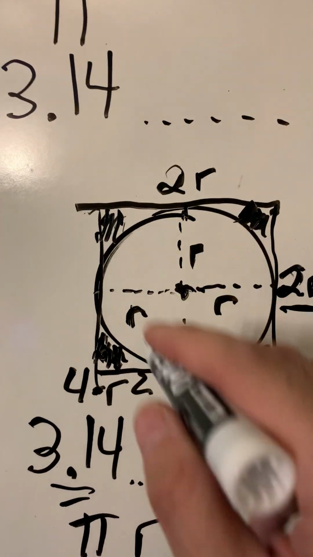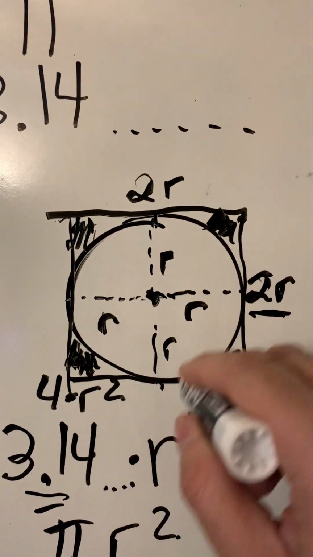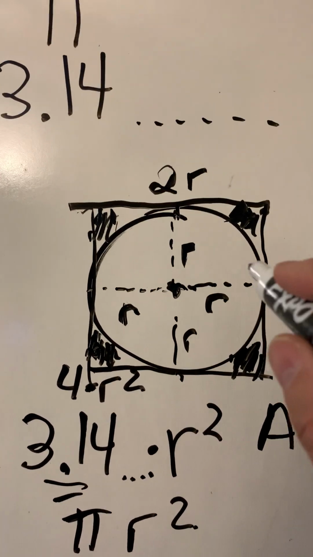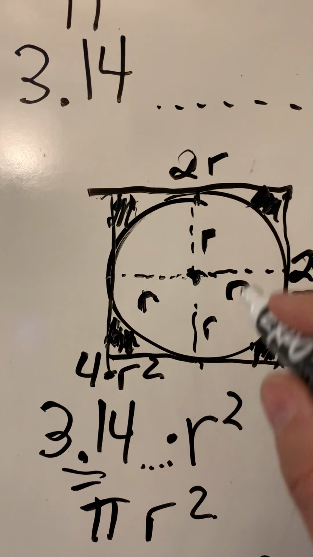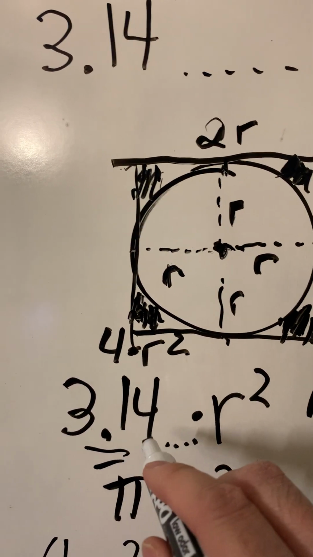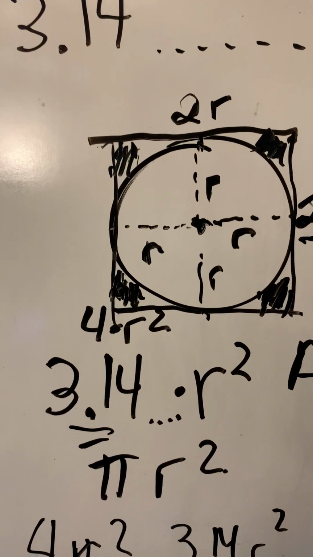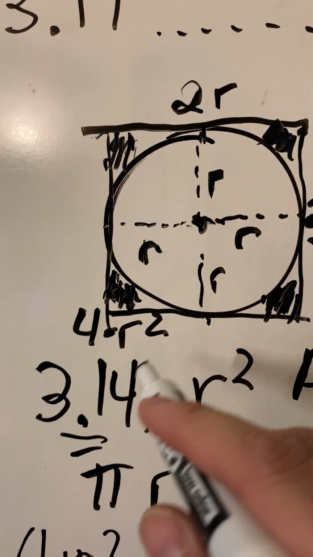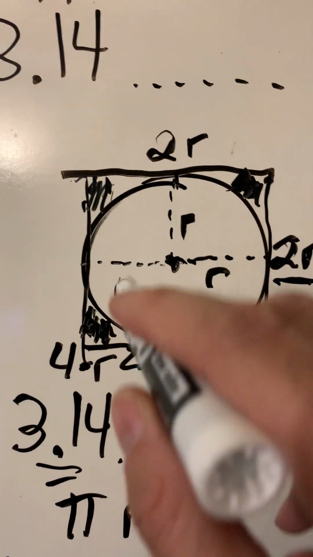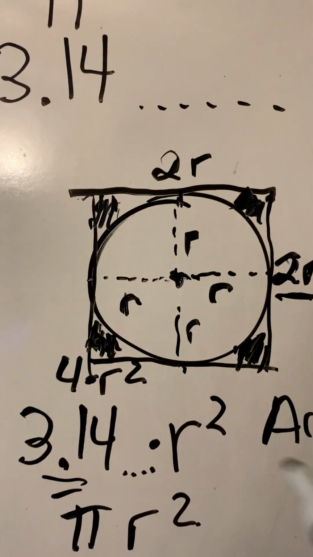And the shape of this is like a pie, like an apple pie, so it's not 4r squared, but pi r squared. Pi is 3.14. If you thought pi was 5, it really wouldn't make any sense, because then the area of the circle would be greater than the area of the square, which doesn't make sense because the circle is contained within the square.